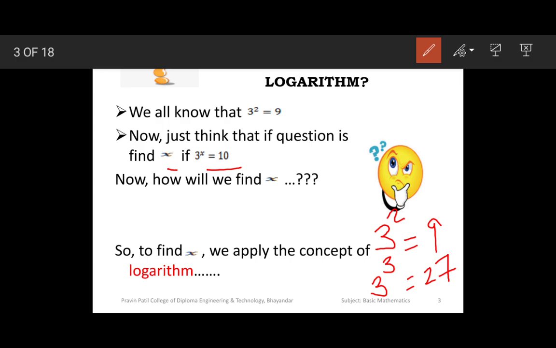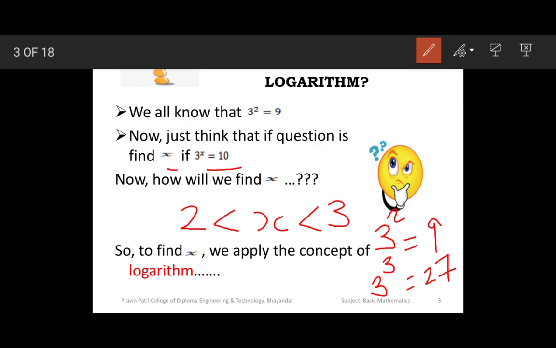Clear? 3 raised to 2 is 9, 3 raised to 3 is 27, and when I am telling you that 3 raised to x equals 10, that means this 10 lies between 9 and 27. If 10 lies between 9 and 27, then x lies between 2 and 3. So 2 less than x less than 3. So x is between 2 and 3.